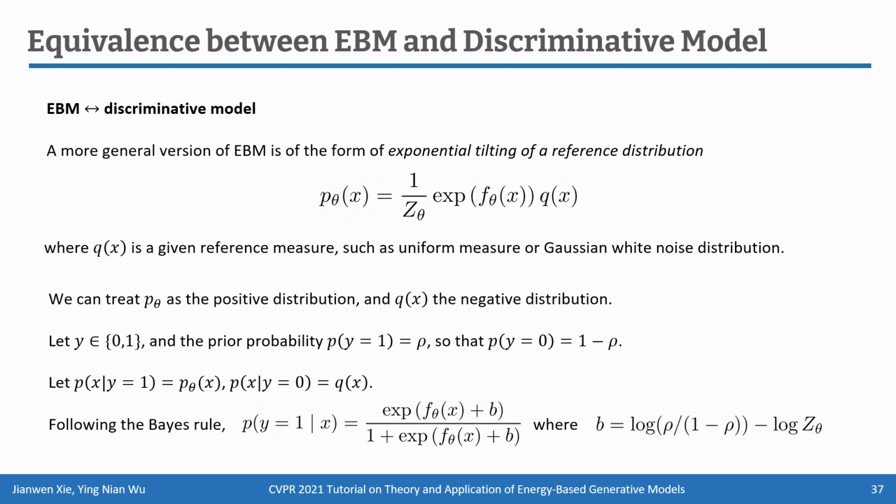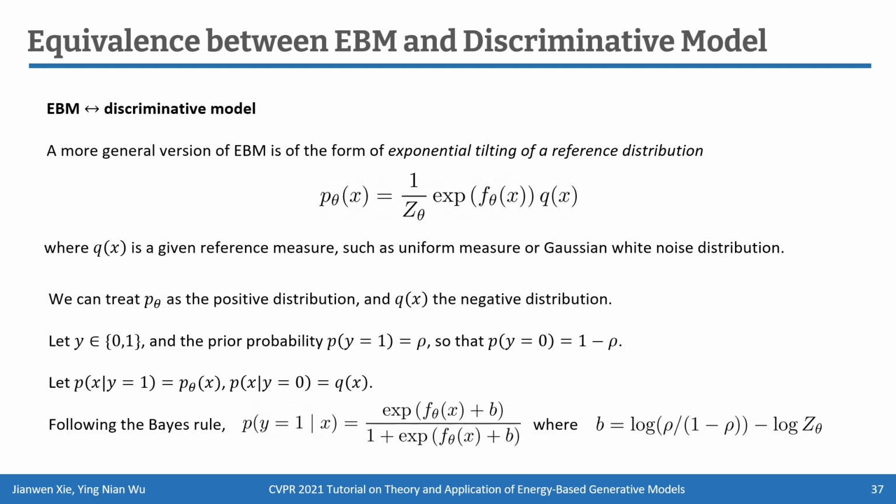If Q is a Gaussian distribution, then the energy function is negative f plus x squared divided by 2. Even though Q is usually taken to be a simple known distribution, Q of x can also be a model. We call it a base model or a backbone model. And P of x can be considered a correction of Q of x, and f of x is the correction term.